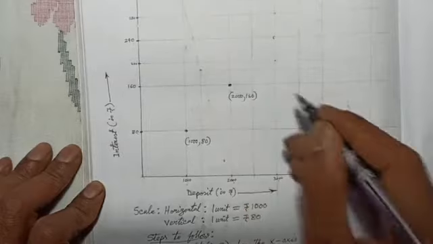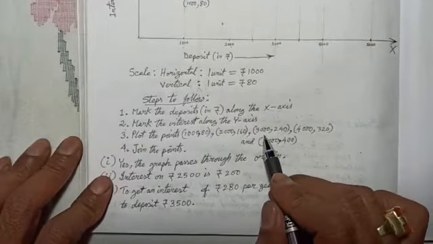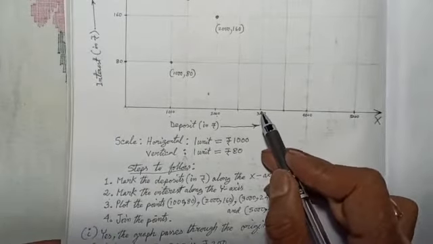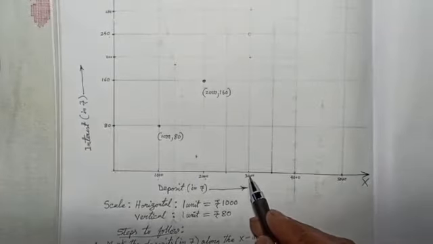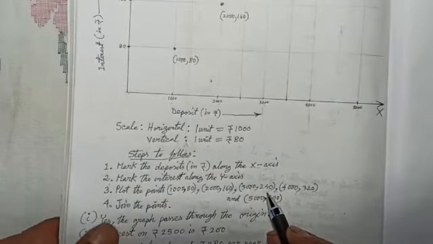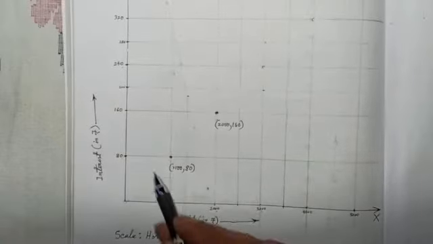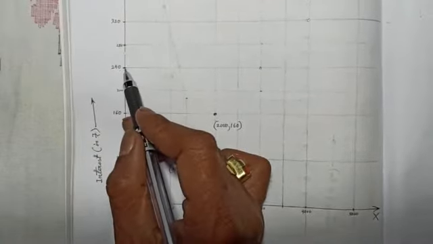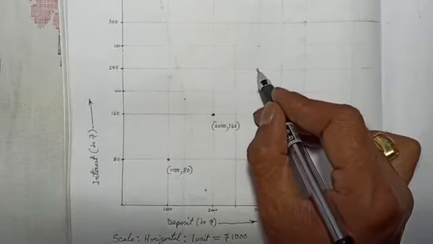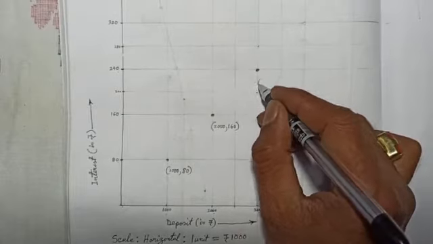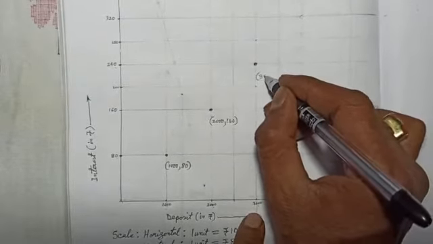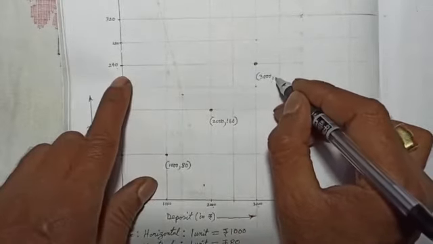Then after that 3,000 and 240. So here is 3,000, and through this point we are drawing a perpendicular line, and next is 240. So here is 240. Through this point we are drawing another perpendicular line, and these two perpendicular lines intersect here, and this point is the coordinate of 3,000 and 240.